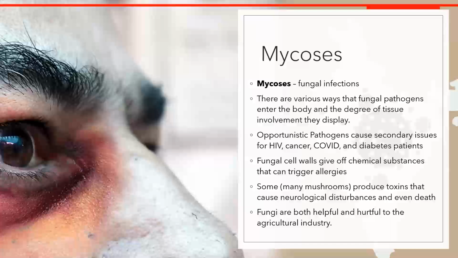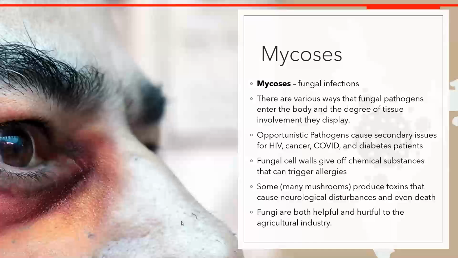Fungal cell walls are very tricky because they give off chemical substances that can trigger allergic reactions. So not only do you have an organism that isn't supposed to be there, that's preying on your nutrients and things like that, but the cell wall is also causing an overreaction of the immune system, triggering an allergic reaction.